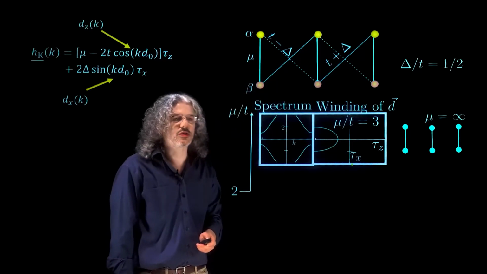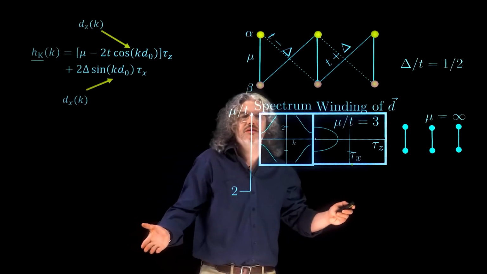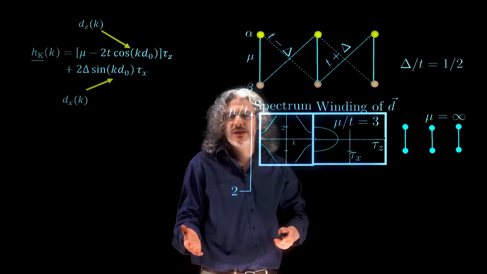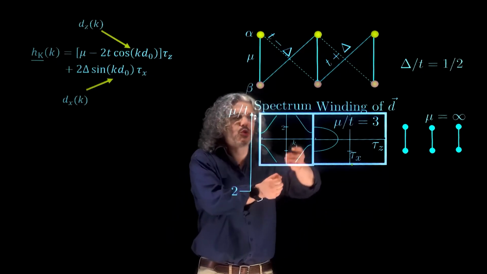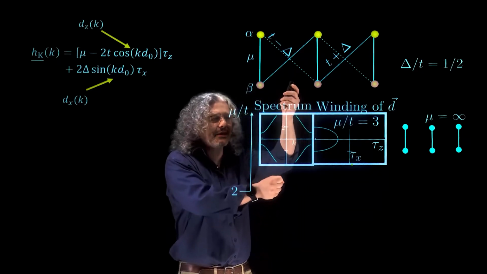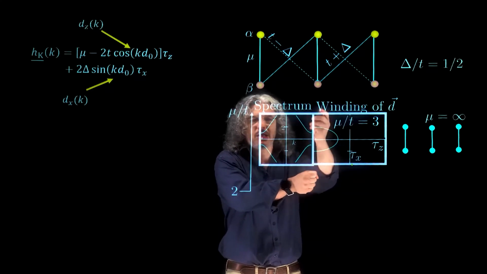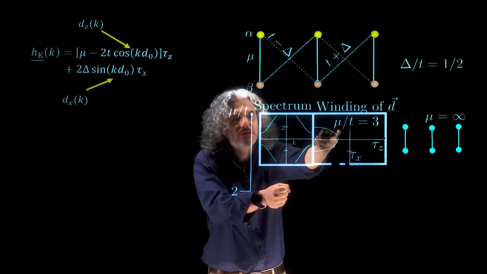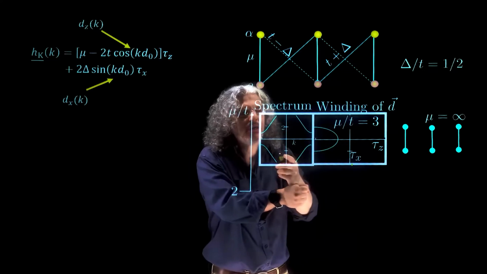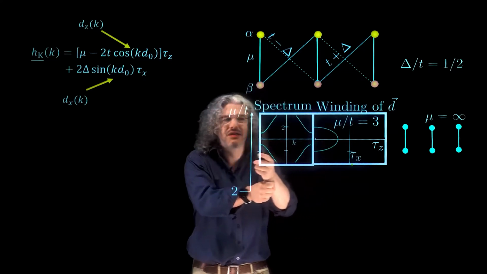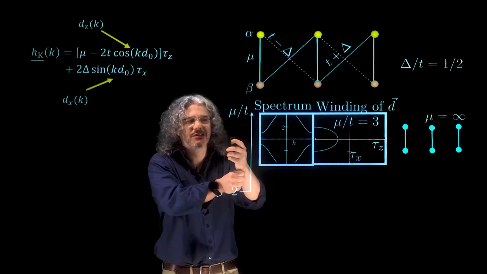If it doesn't cross zero, then since we started from mu equal to infinity, where we didn't have a Majorana zero mode at the end, and we changed the parameter slowly to mu over t equal to 3, nothing dramatic happens during these changes.